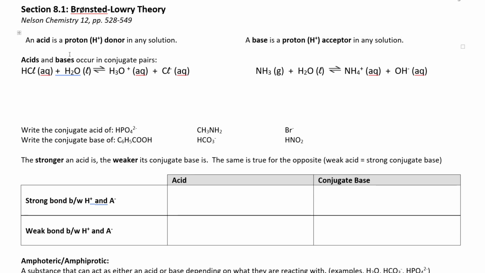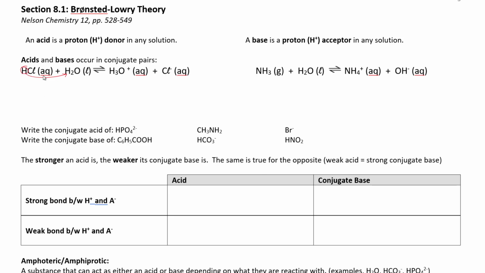So, if we look at hydrochloric acid reacting with water to form hydronium, H3O+, and chloride ions, Cl-, we can see that the HCl donates a proton to the water to make H3O+, and as a result, having donated its H, it now only has Cl-.